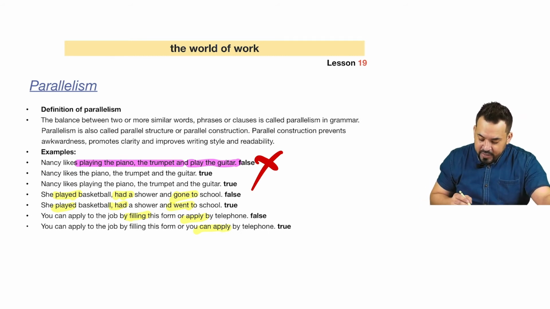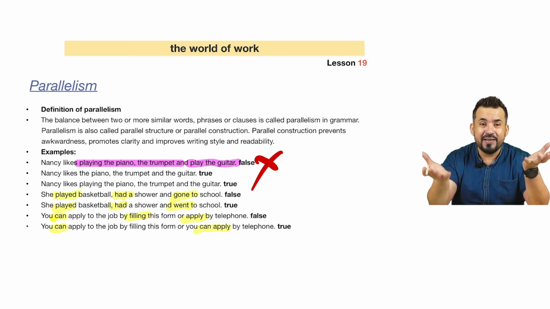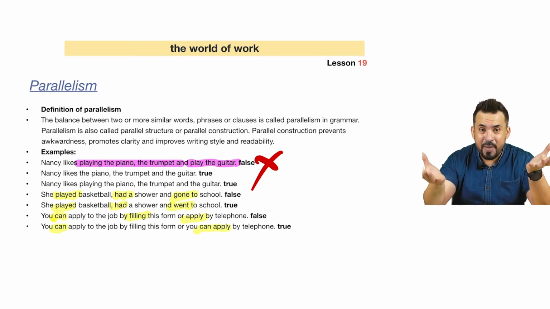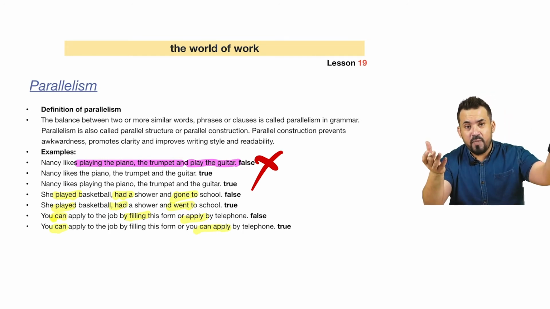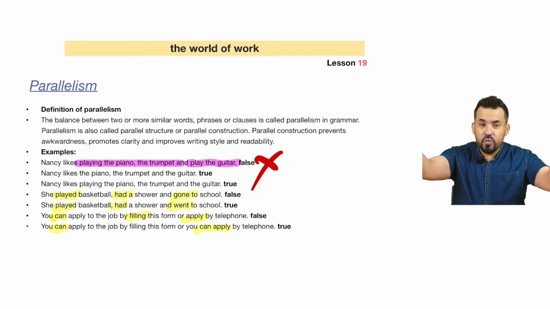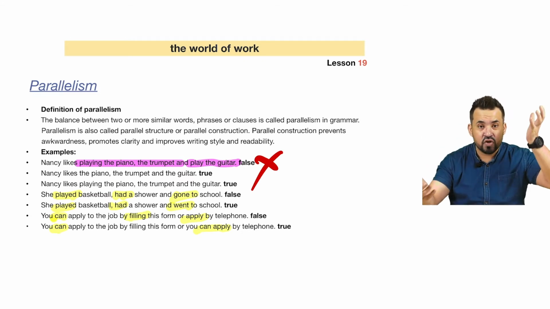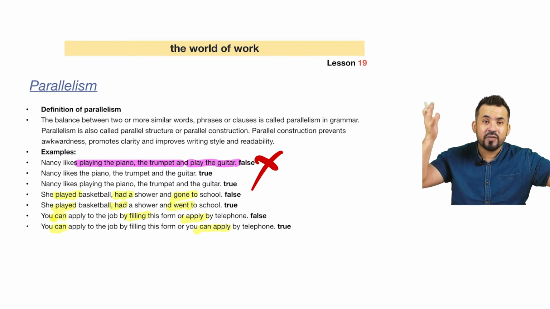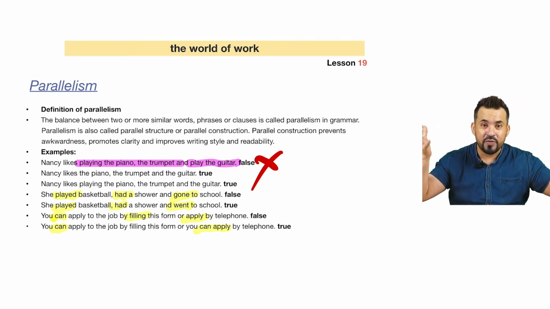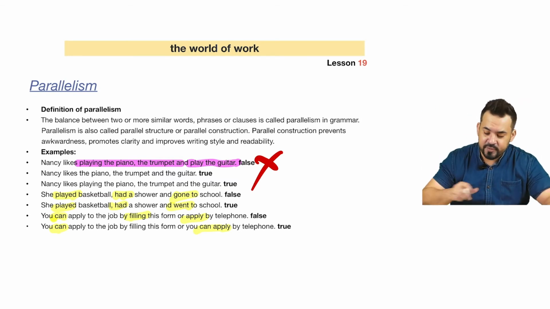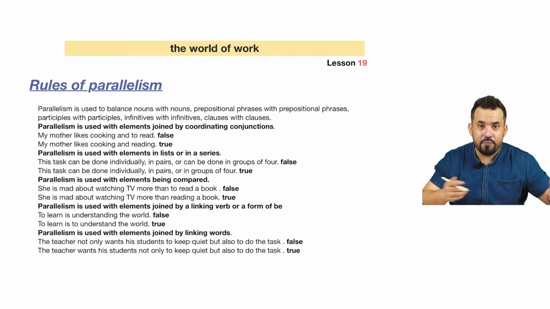Because we use the modal here, we need to use a modal in the second part of the sentence. So we need to use two modals to make the sentence balanced. We use a modal verb in the first part and in the second part, or we skip the modal verb in the first part and we skip it in the second part. This is called parallelism.